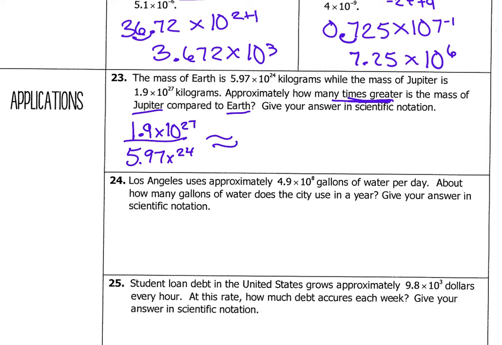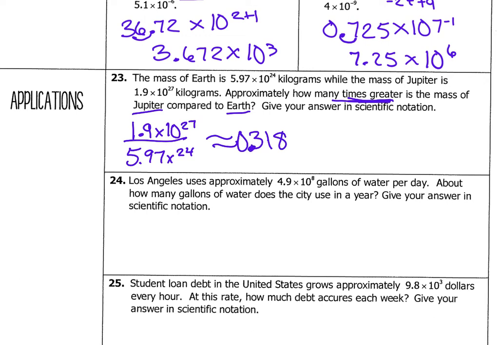We're approximating. So take 1.9 divided by 5.97. Let's go to 3 decimal places. 0.318.